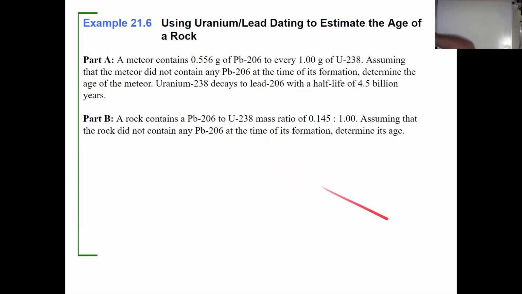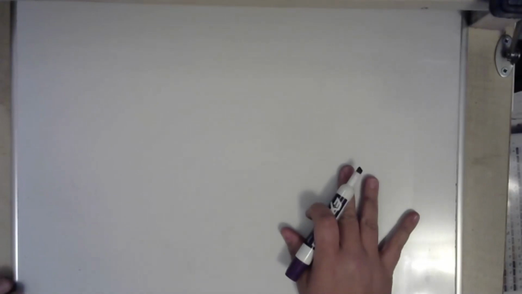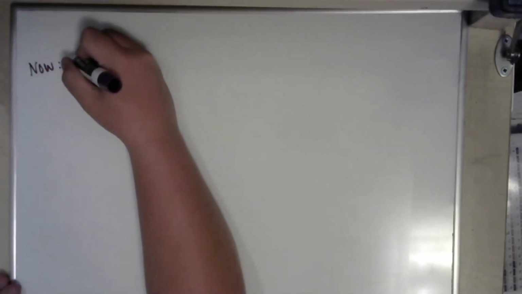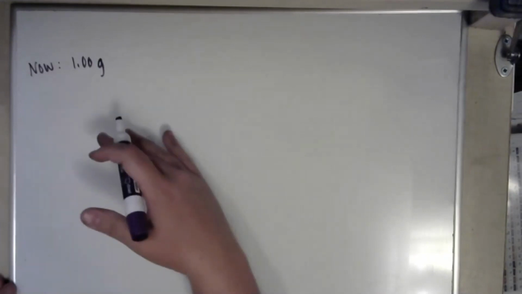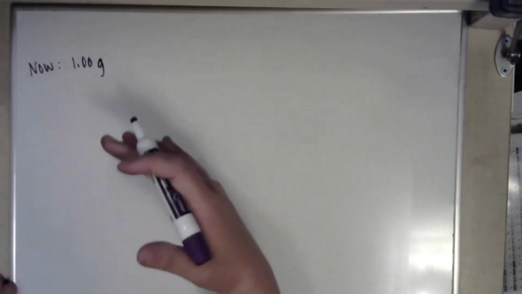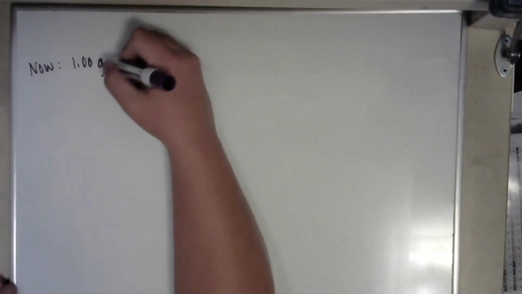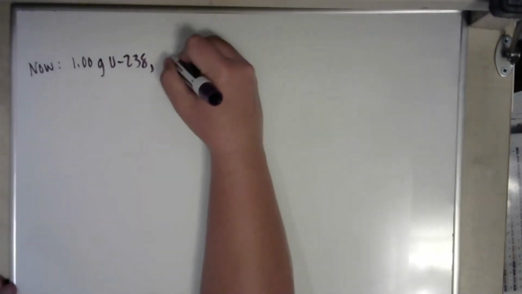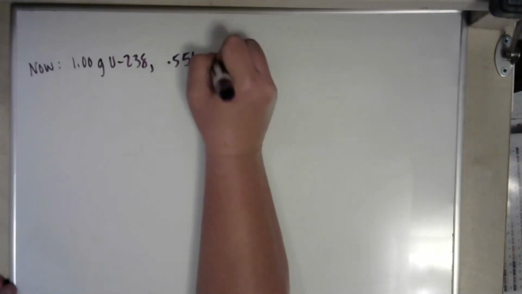So let's take a look at how we would approach this. Right now, we have a meteor that has a ratio, but we can use these numbers to represent the full mass of the meteor. It has 1 gram of uranium-238 and 0.556 grams of lead-206.